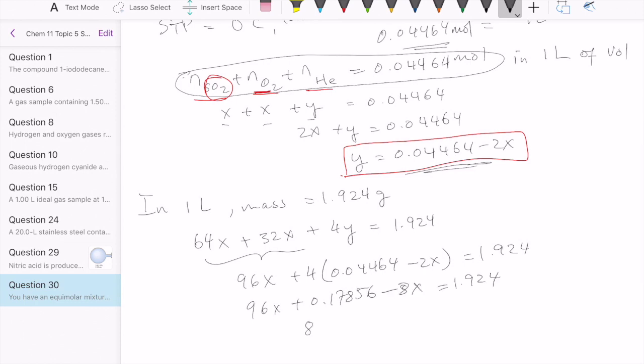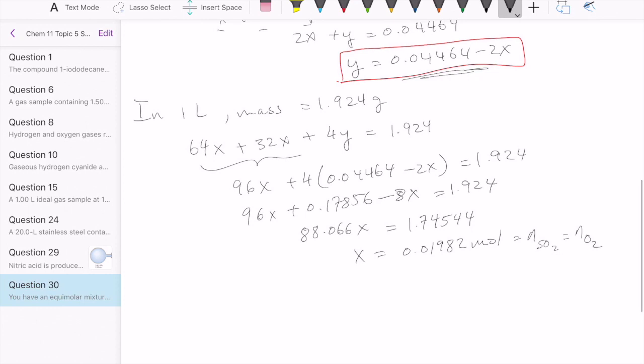And then 88.066X, this is if you use the molar masses with some additional significant figures, equals 1.74544, and then your X is equal to 0.01982 moles. Remember that X represents the number of moles of SO2 and also O2.